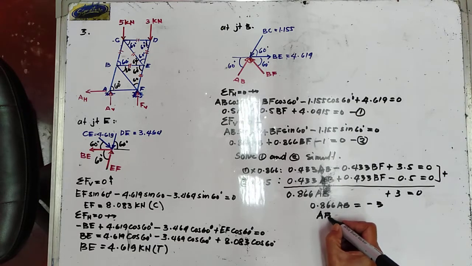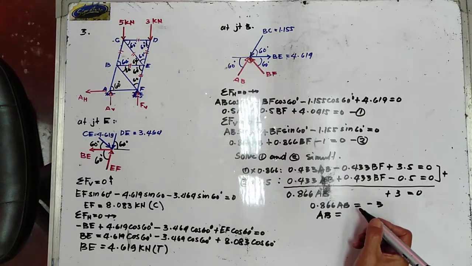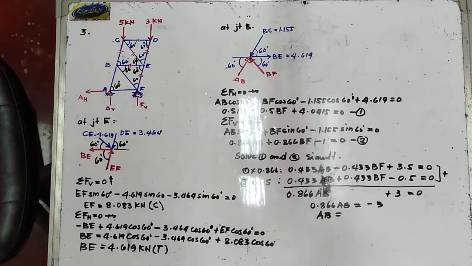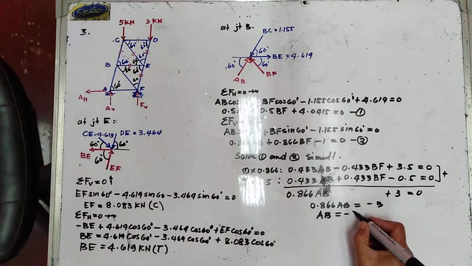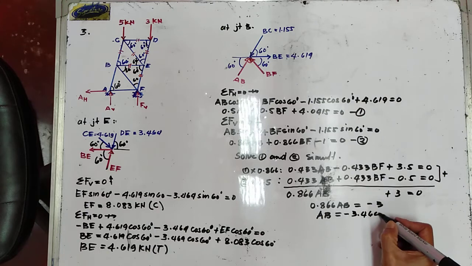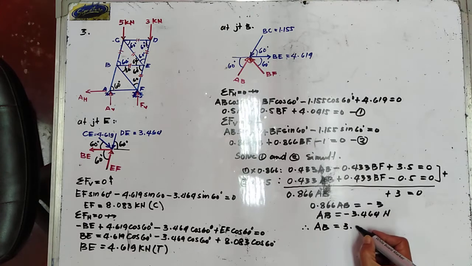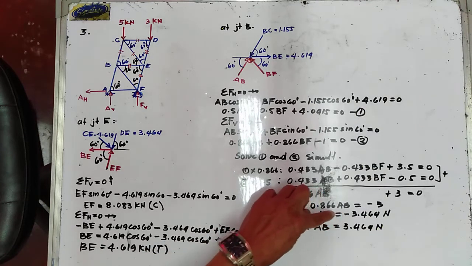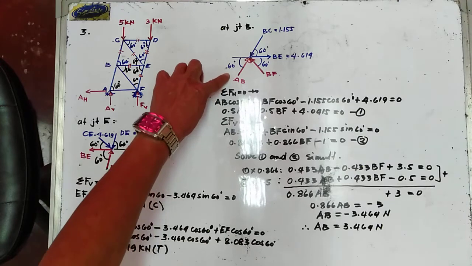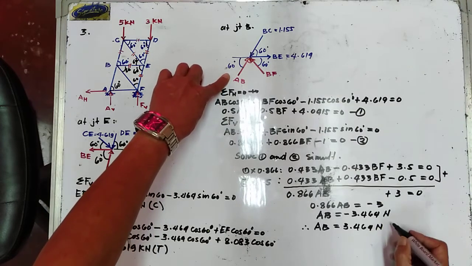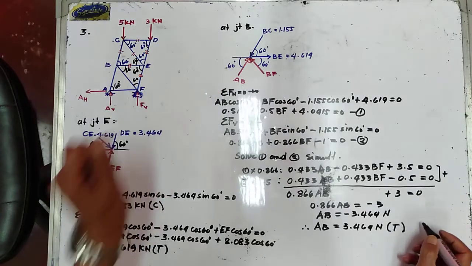Hence the value of AB is negative 3.464 newtons. Since we get a negative value, the assumed direction of AB is wrong. Therefore, AB should be in tension.